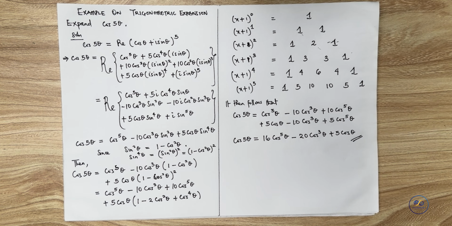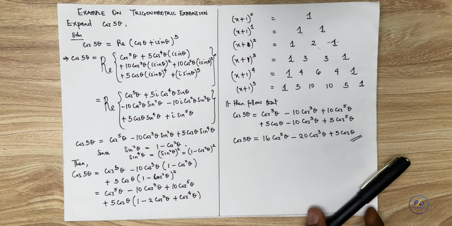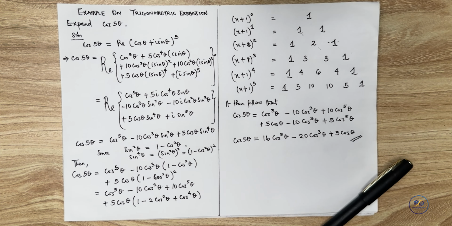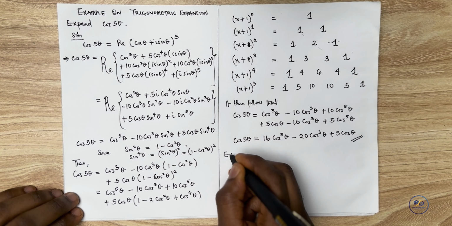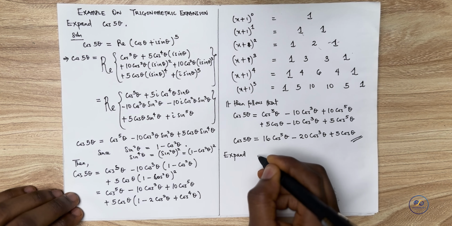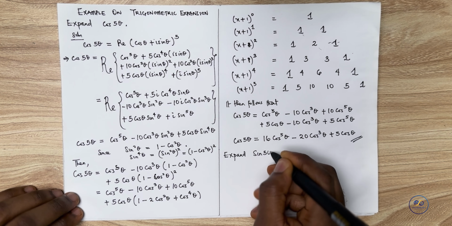So you can try as much as possible to do same using your addition formula and see if you get the same answer. Also, as a practice, try as much as possible to use this method to expand sine 5 theta.